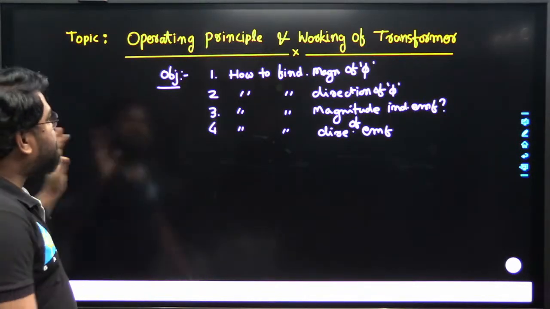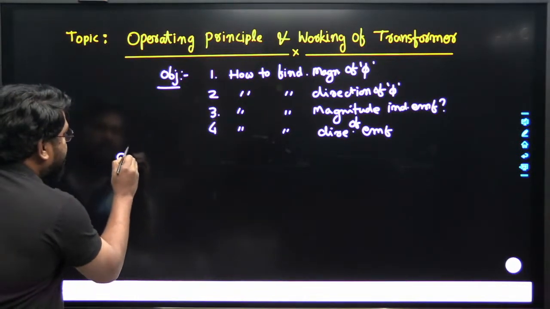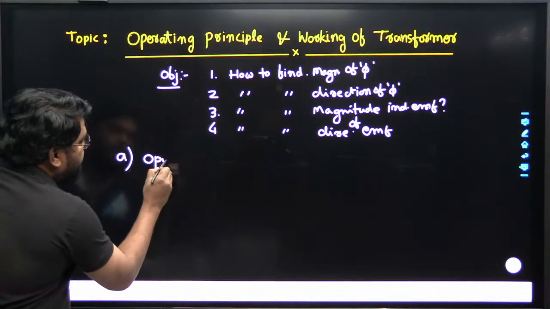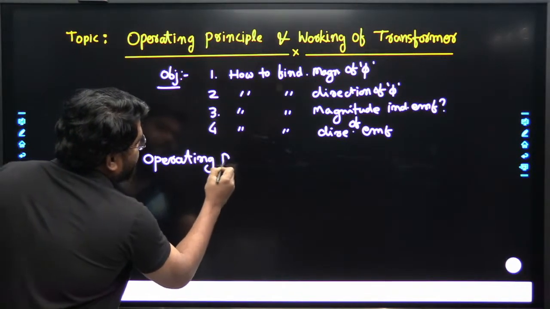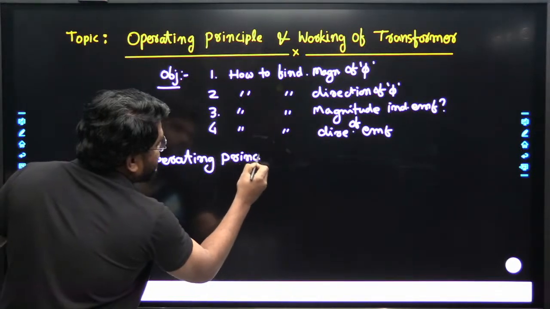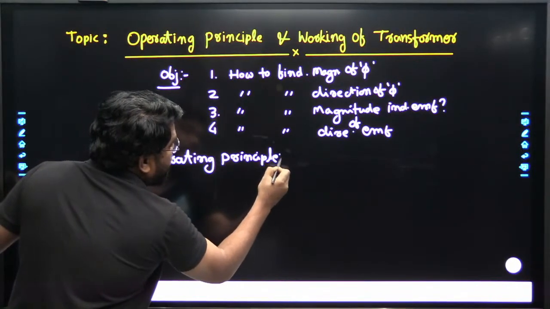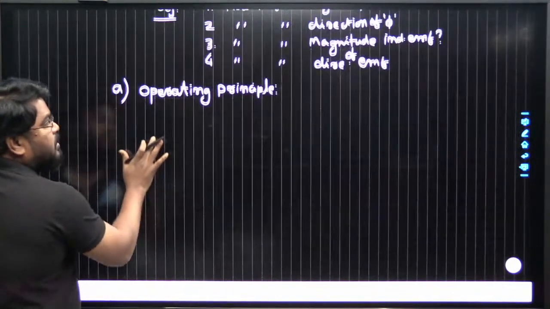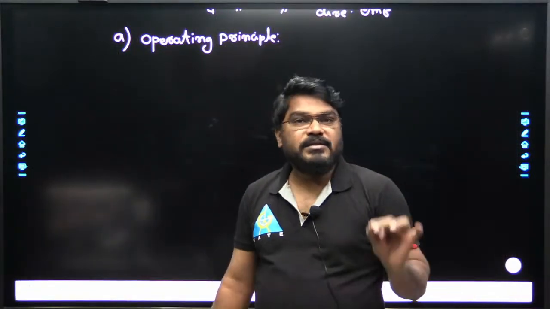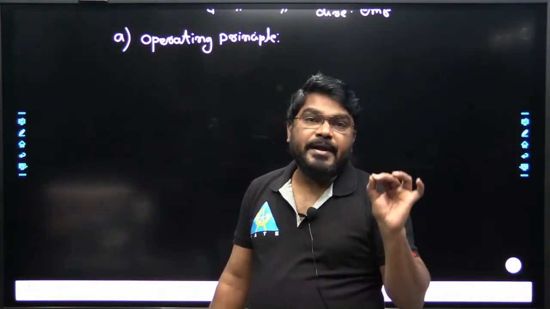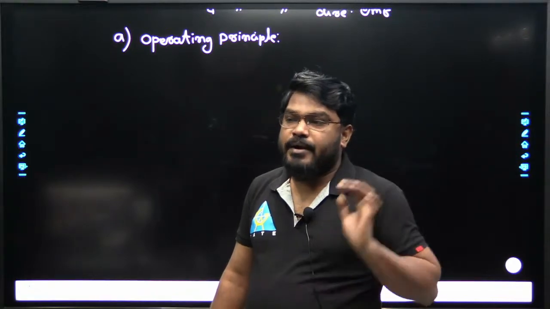First we will discuss the operating principle of the transformer. What is the operating principle of the transformer? We know that the transformer operates on the principle of Faraday's laws of electromagnetic induction.